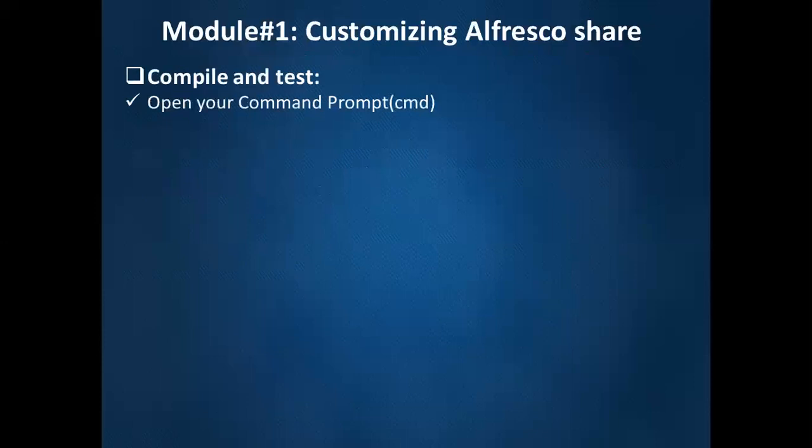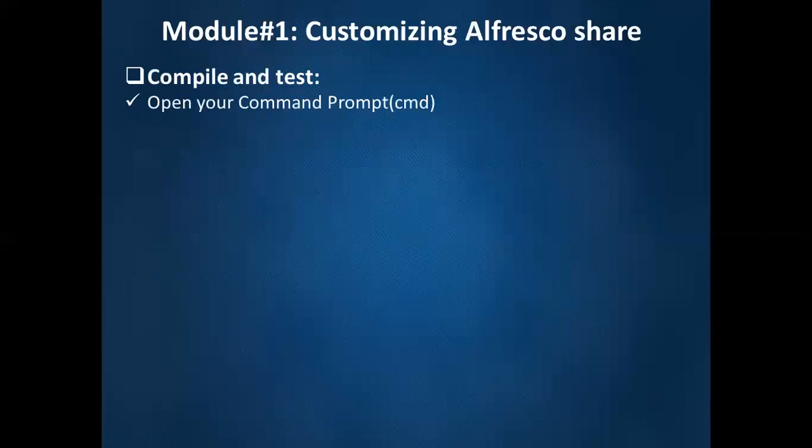This time we will not work with the Tomcat application, because we are using Maven. Instead of Tomcat, we will use the command prompt to compile our program. After that, we will refresh our web script and our message will be displayed. Okay, so let's see step by step how we can compile and test our program using Maven.